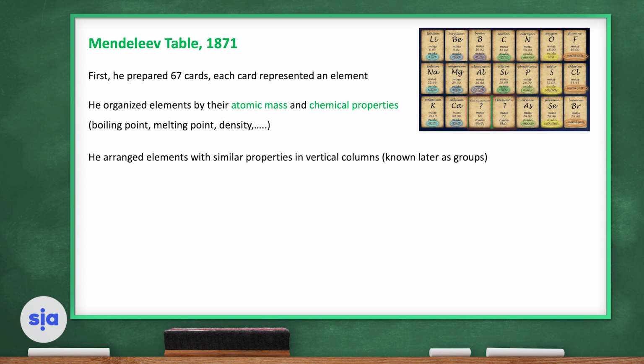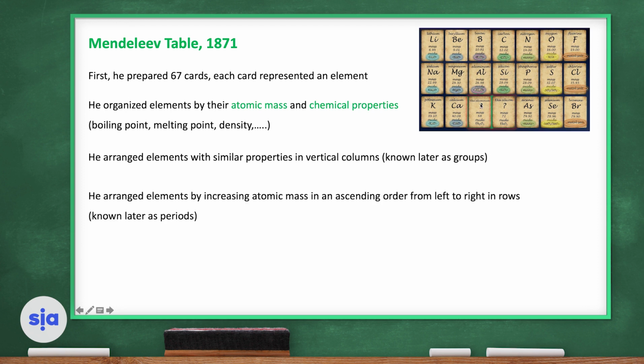He arranged elements with similar properties in vertical columns, and these columns are known as groups. While he arranged elements by increasing atomic mass in ascending order from the left to the right in rows, and these rows are known as periods.